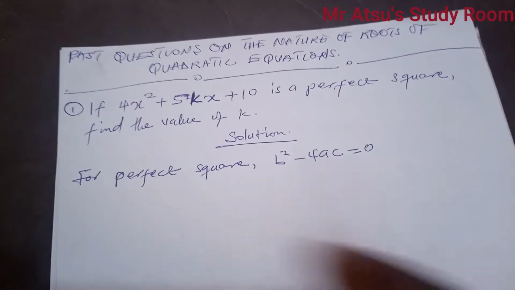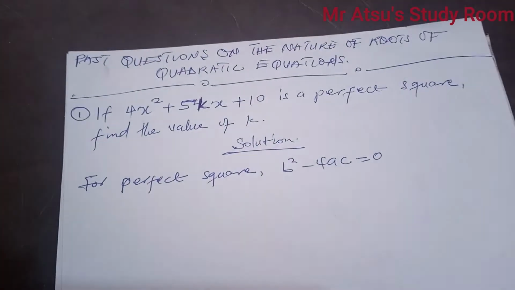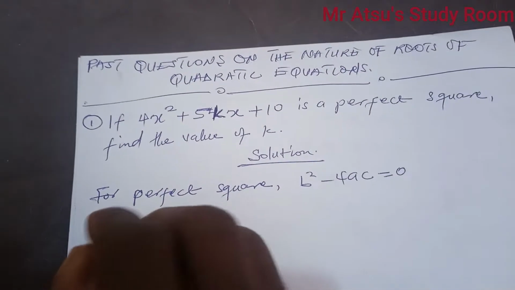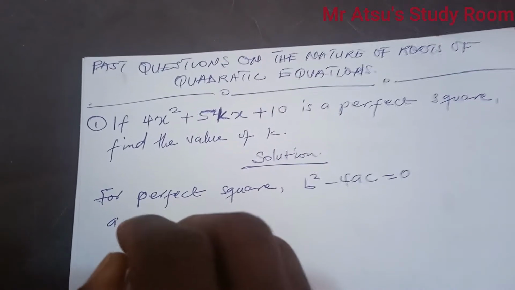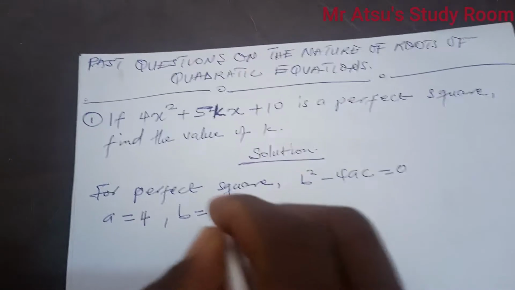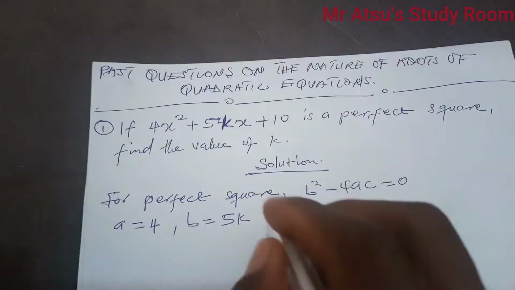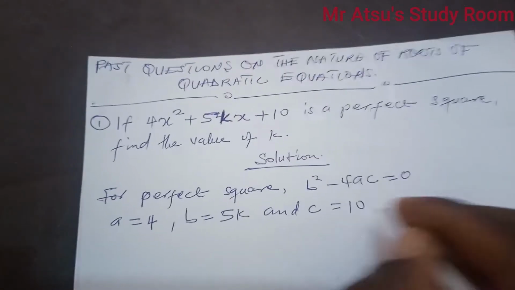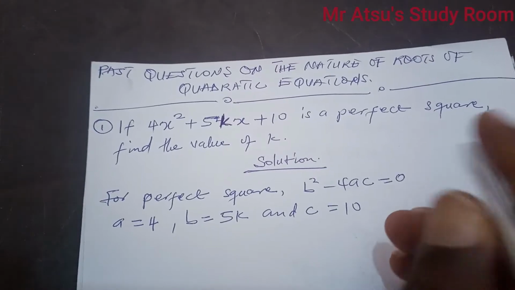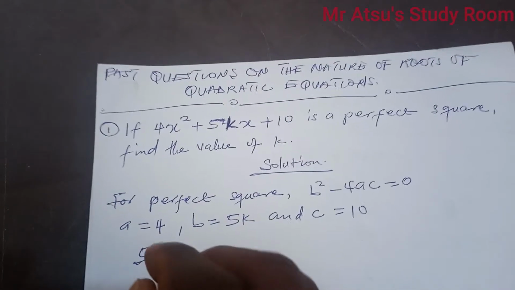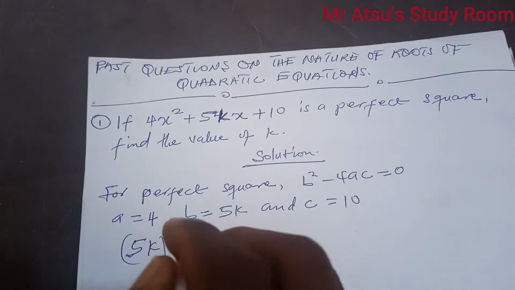And from the expression, we can see that A is 4, B is 5k, and C is 10. So now, that means 5k all squared.